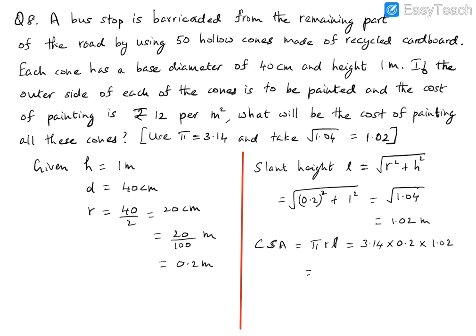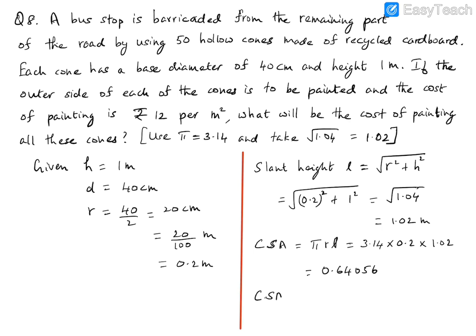When we multiply these numbers, we get the curved surface area of each of the conical structures, and we get the value for this as 0.64056. So that's the curved surface area of a single cone.